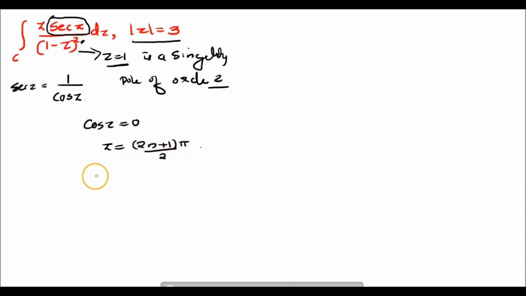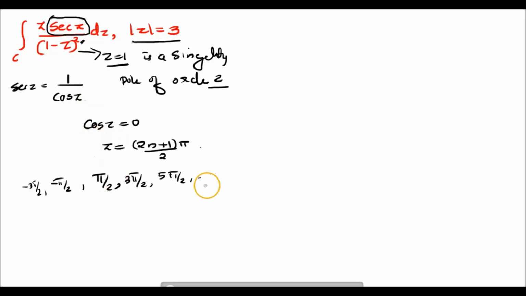That means the values are pi by 2, 3 pi by 2, 5 pi by 2, etc., and also the negative values, that is minus pi by 2, minus 3 pi by 2. These all are zeros of cos z.